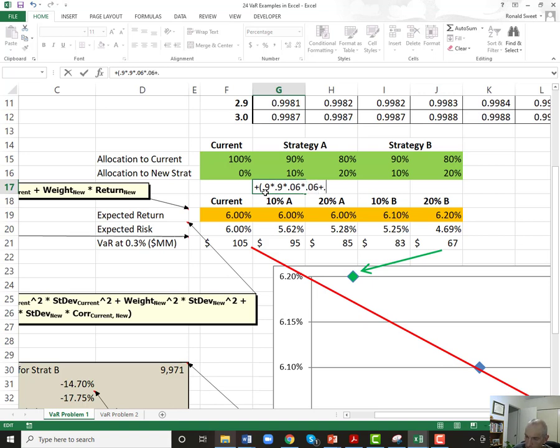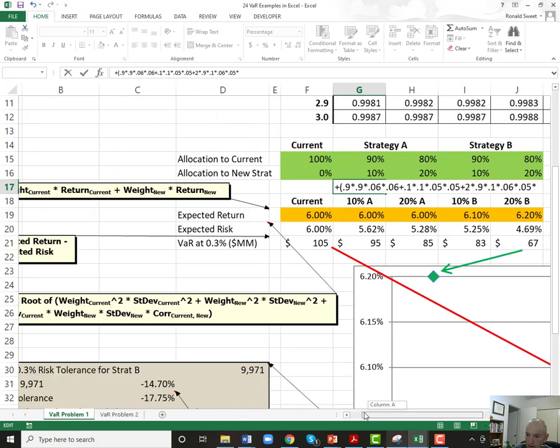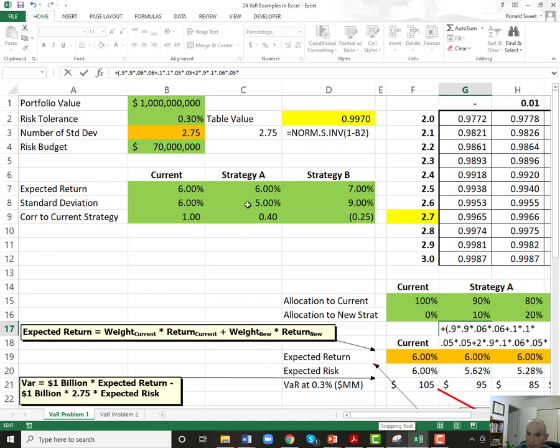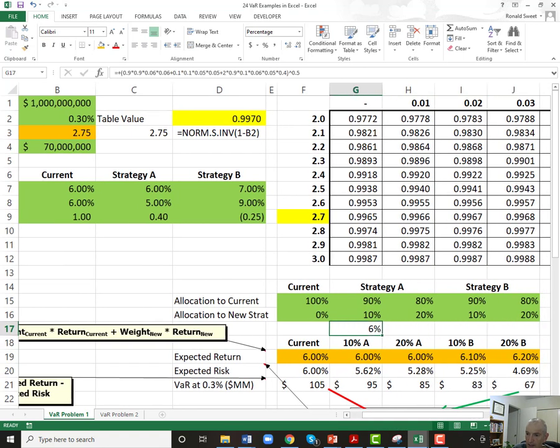And then we have 10% in A, 0.1 times 0.1 times 0.05. Remember, its risk was 0.05, plus 2 times 0.9 times 0.1 times 0.06 times 0.05 times the correlation, which was 0.4. And we take the square root of that, and we get 5.62%.